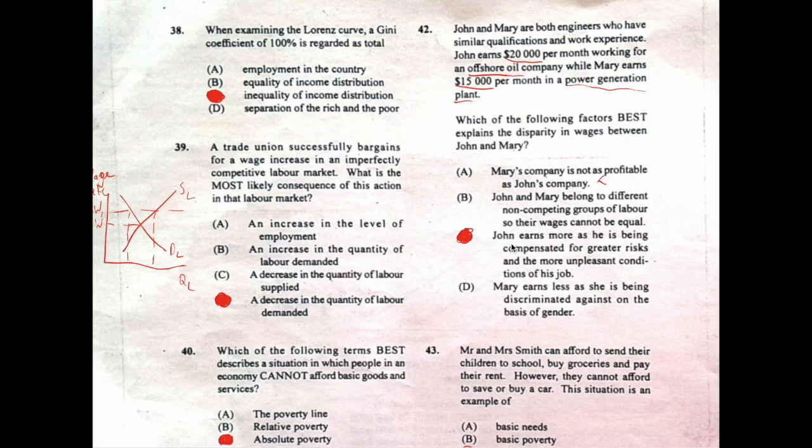What the firm will do is reduce their demand for labor. This is what we see in D, and it actually results in real wage unemployment as the firm is unable to fully cover the increase in wages. So it would be a decrease in the demand for labor.